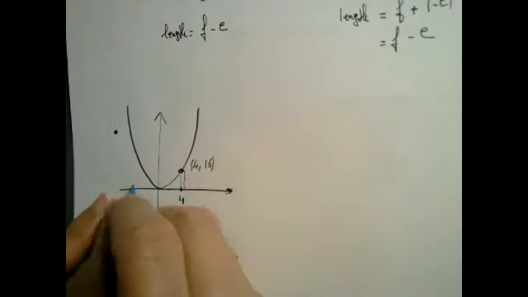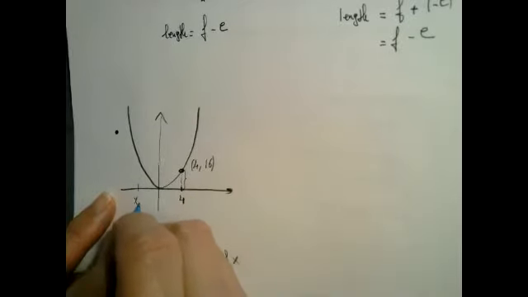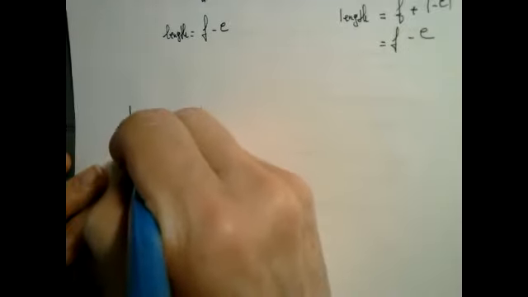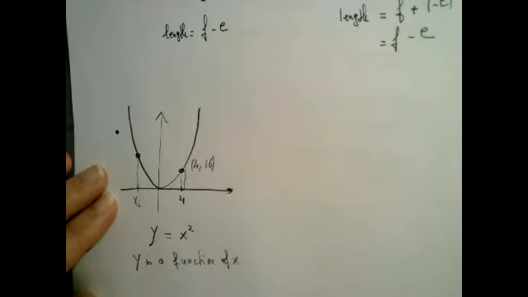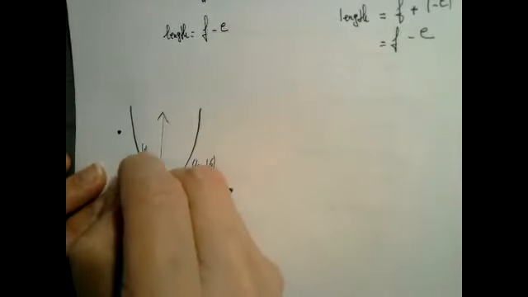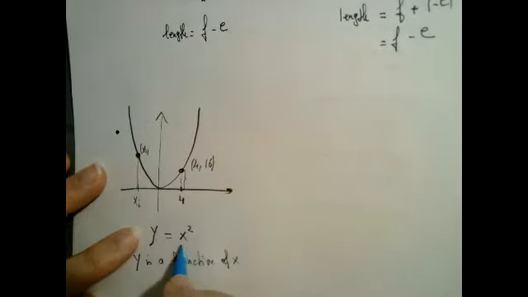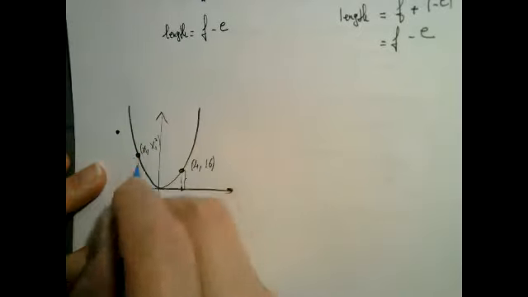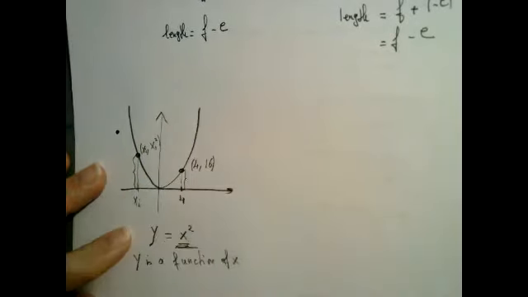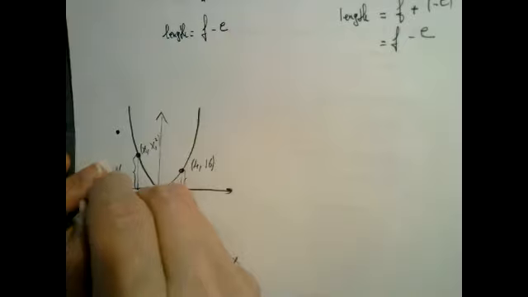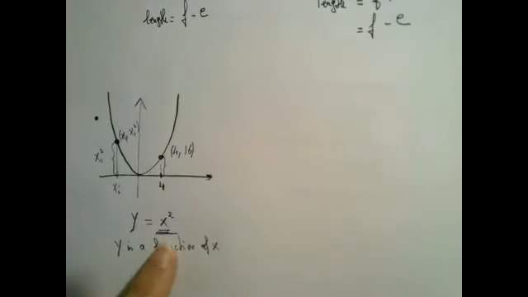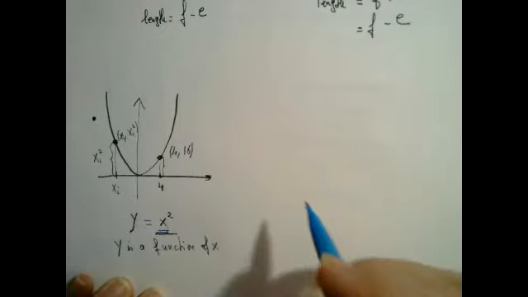If I pick any point here, I call it x_i, then the formula will give you the y. It means this vertical distance is x_i squared. So this is when y is given to you as a function of x.